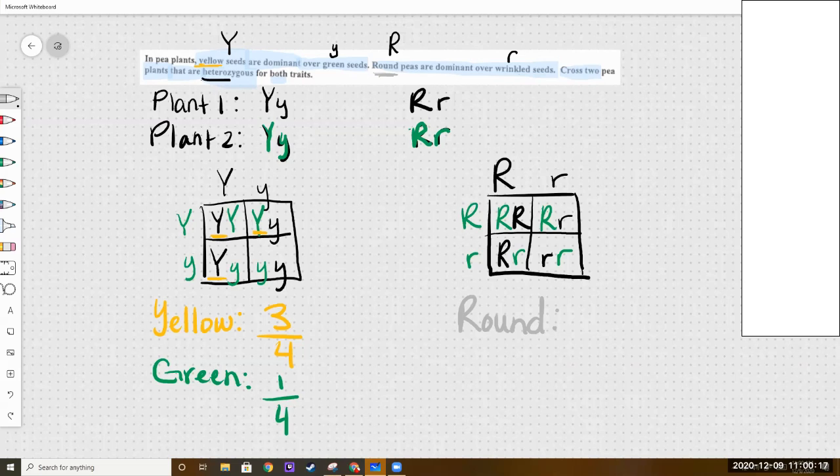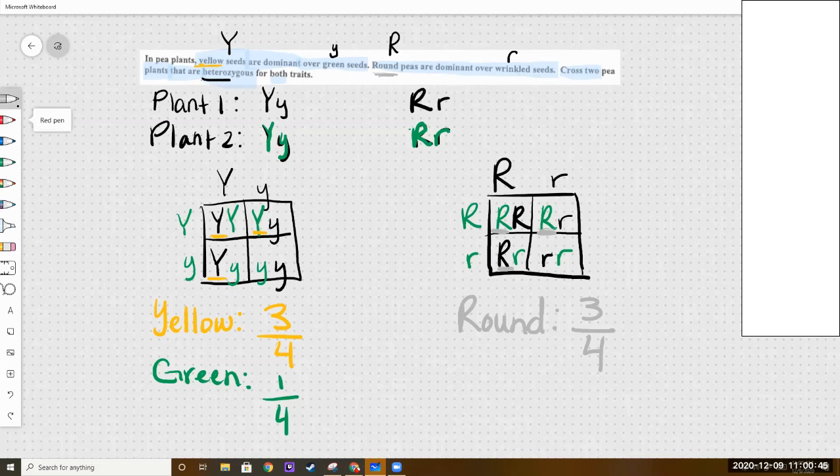How many of the boxes show at least one dominant letter? For both, right? No, as long as it has one dominant letter or capital letter, that's all it needs. Okay, I would say 3/4. Exactly. So 3/4 would be round because they have at least one capital R.